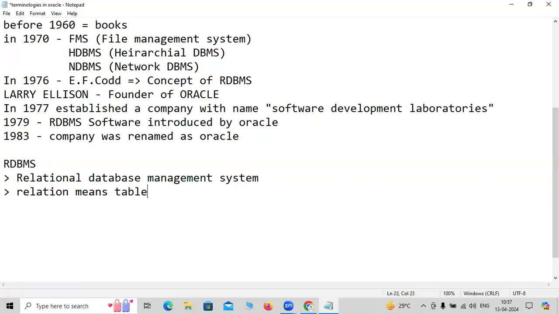Okay. So what is a table? So a table is a collection of rows and columns.